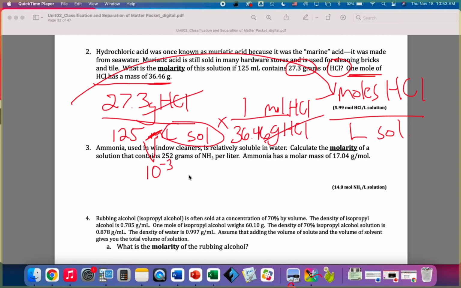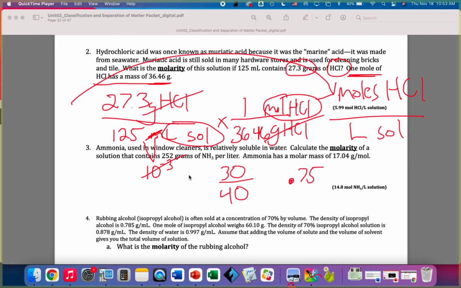Grams cancels. So how would we estimate this problem? Well, 27 is pretty close to 30. 36 is pretty close to 40. I'm thinking the answer is about 3/4, or 0.75.